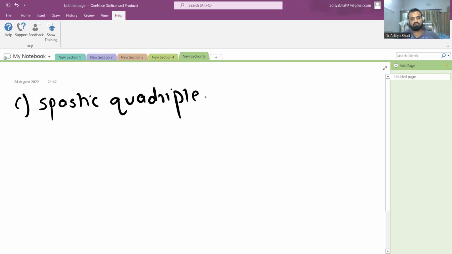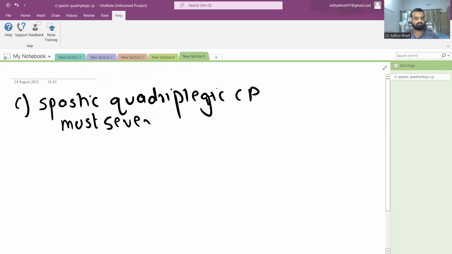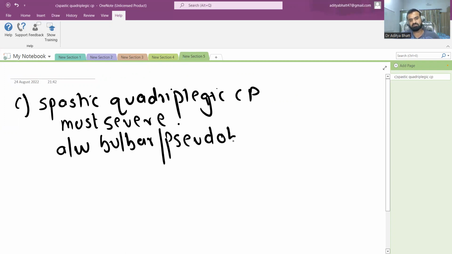As you can make out from the name, all four limbs are very, very badly involved. This is the most severe and the worst, and it is even associated with bulbar and pseudobulbar palsy. In bulbar and pseudobulbar palsy, there is swallowing difficulty.